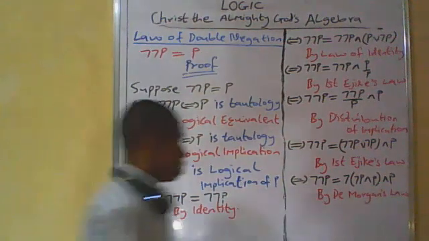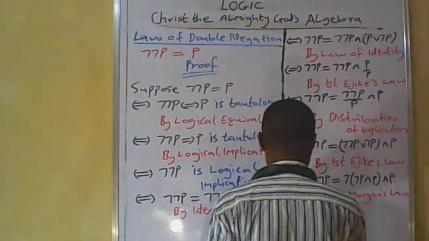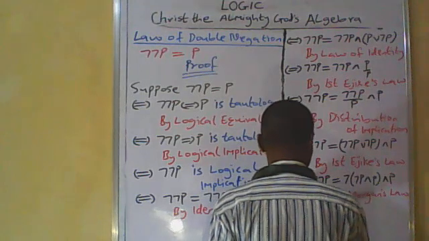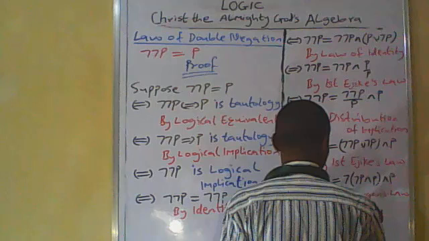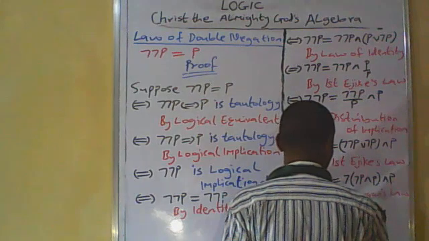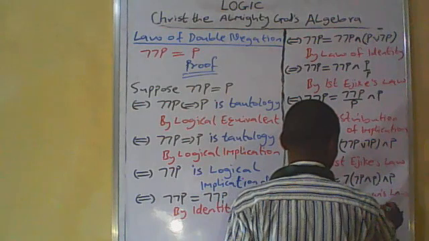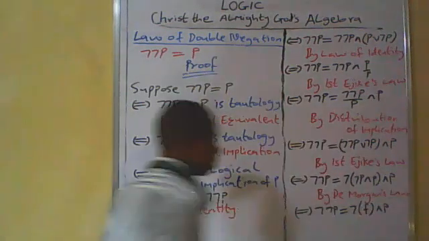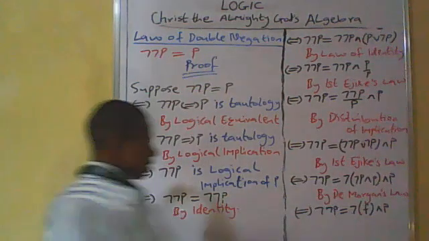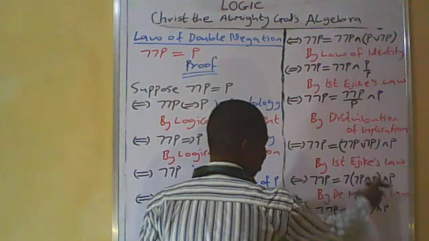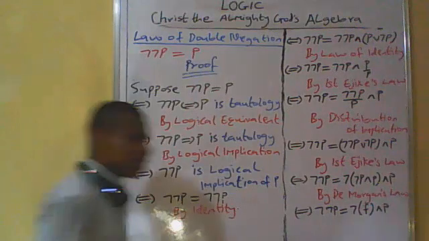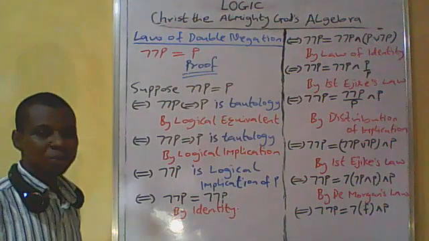So if and only if not P is equal to not F and P. You have seen that we have replaced this not P and P with F by the law of complement.